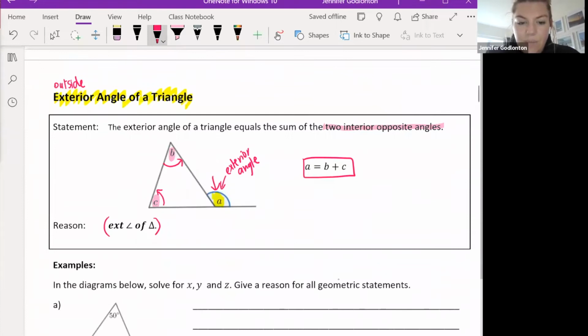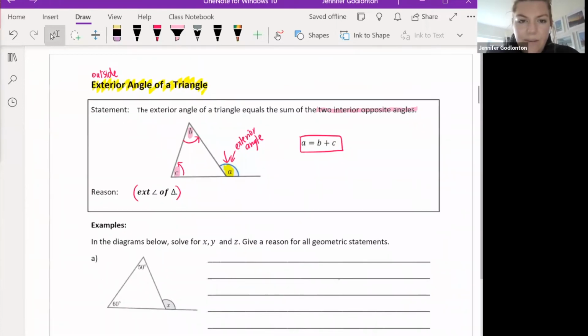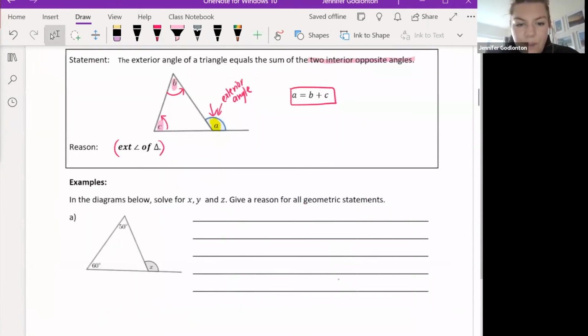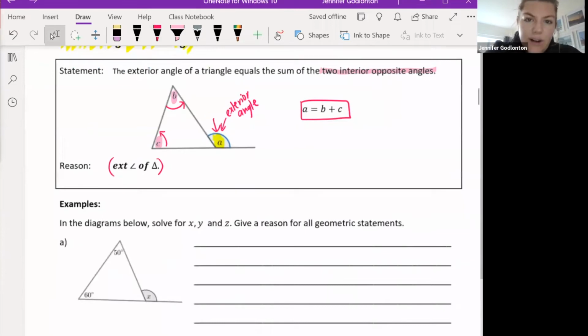I'm going to do an example for you, and I'm going to let you try one. Okay. So let's have a look at this question. We've got this triangle. Now, the important thing is when we have an exterior angle of a triangle, it needs to be on a straight line. I can't have a line like this. This isn't an exterior angle of a triangle. It has to be a straight line from my triangle.